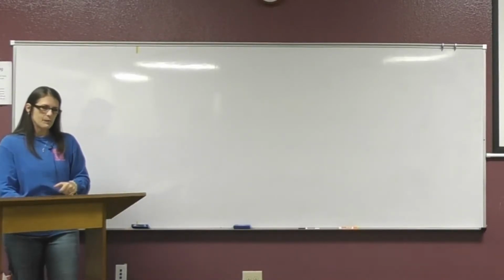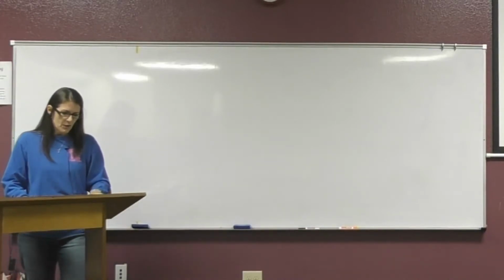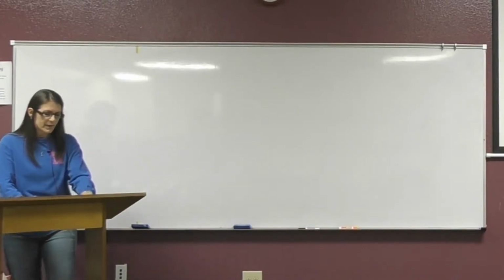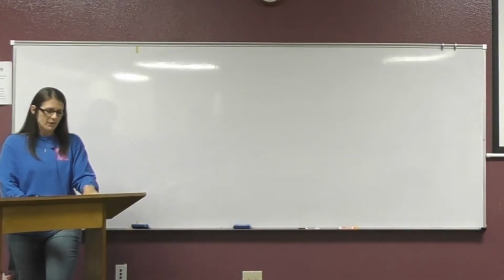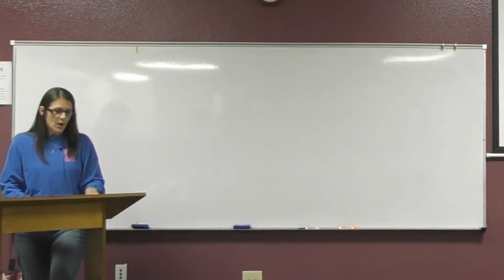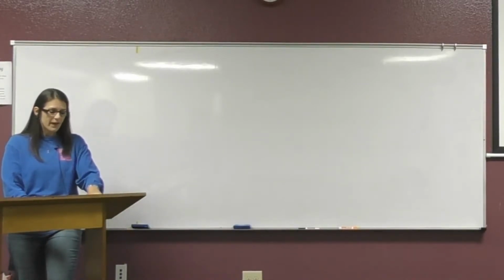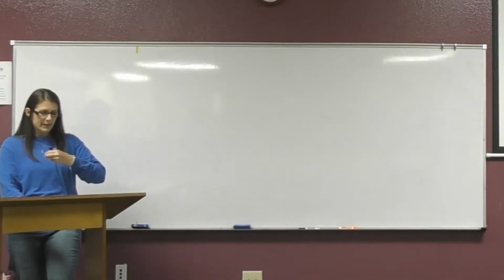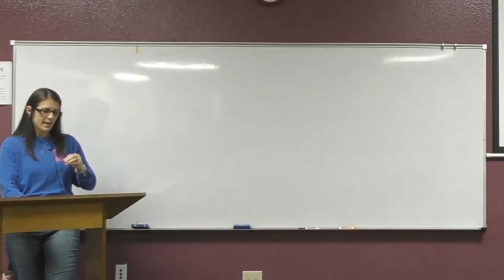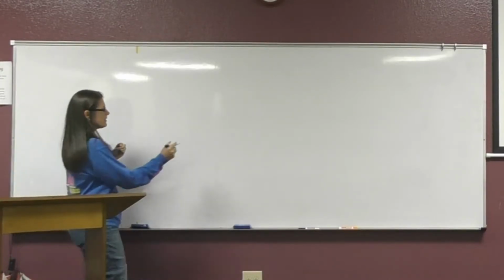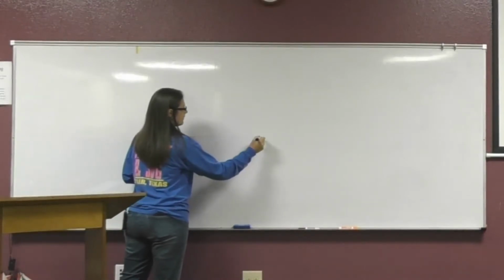The angle of inclination from the bottom step of the Lincoln Memorial to the top of the Washington Monument is 7.5 degrees. The Washington Monument is 555 feet tall. Find the distance between the Lincoln Memorial and the Washington Monument, round to the nearest tenth. You can see our marker's dying.